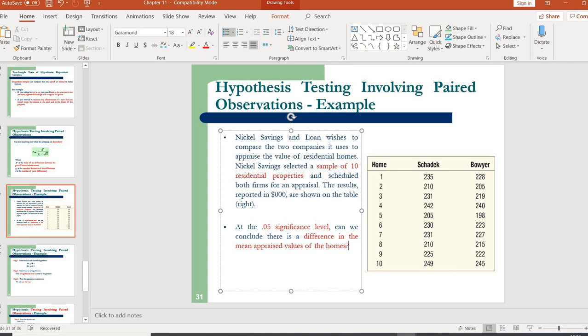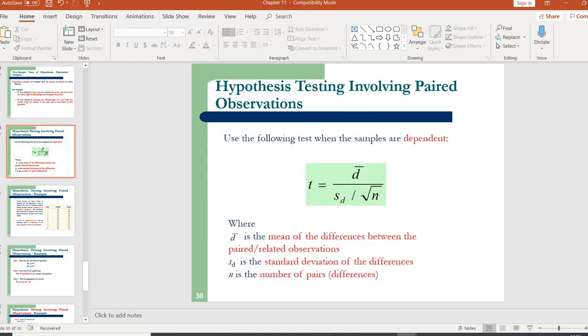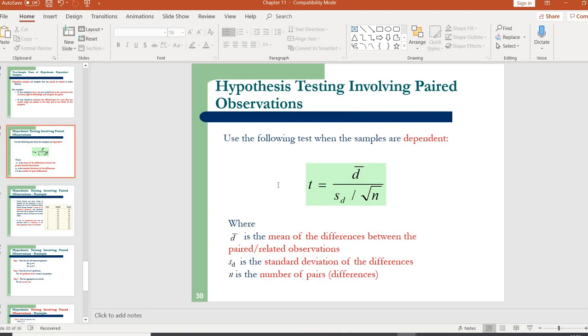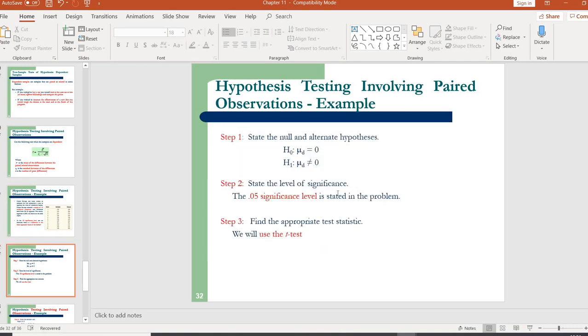Here you see that these two samples are dependent, so in this case we will use this t formula. Let's go quickly to finish. The steps are the same. The first step is to set the null hypothesis: the mean difference between the two samples is 0.